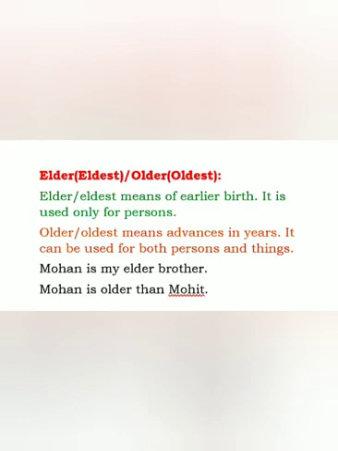And latest means of recent date, means I bought the latest mobile phone, means very up to date. All right, then another word is later and latter. Later means at a subsequent time or stage, means she will ask him later, okay. And latter means the second of two things or persons, like the latter innings of the ODI was quite interesting, okay.